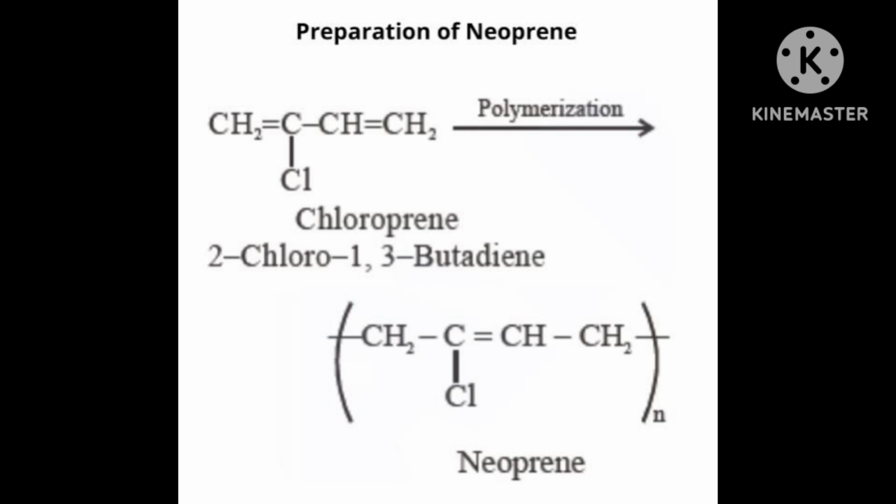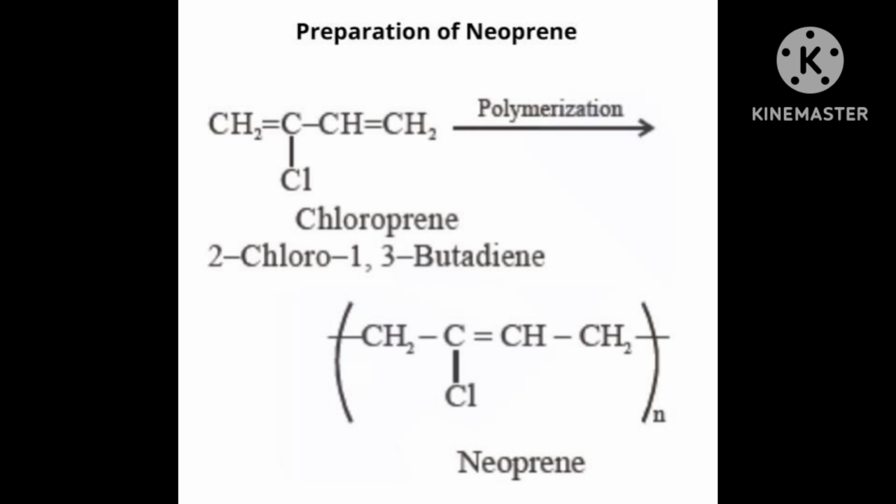On vulcanization, sulfur forms cross links at the reactive sites of double bonds, and thus the rubber gets stiffened.